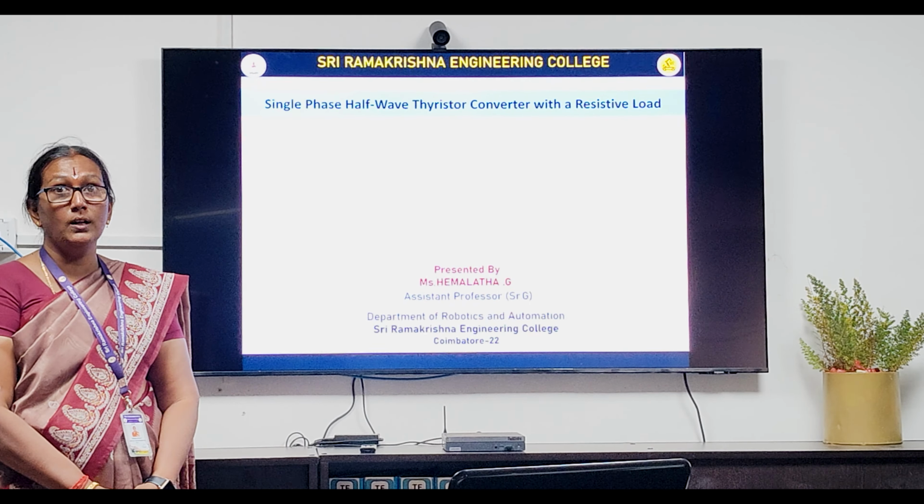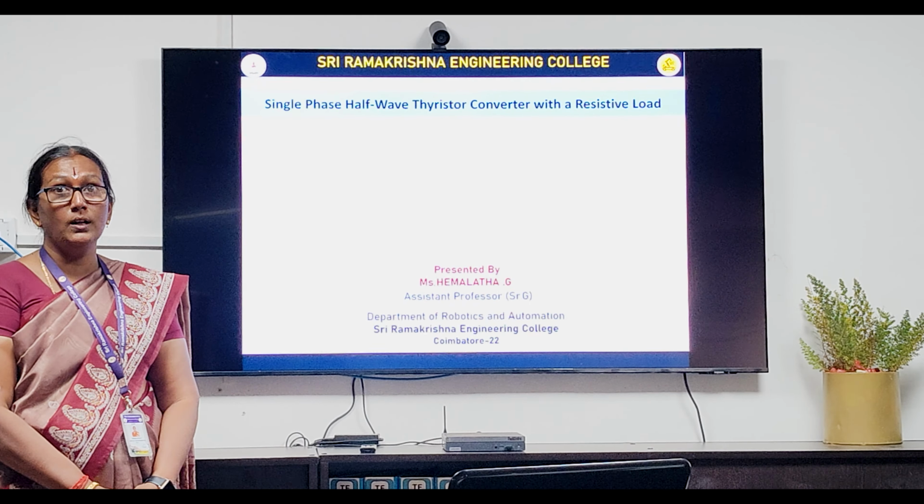As soon as conduction starts, the voltage across the SCR drops to a very small value and the supply voltage appears across the load. So the magnitude of the conduction current depends upon the instant where it is triggered, that is the firing angle alpha, and the load resistance R.